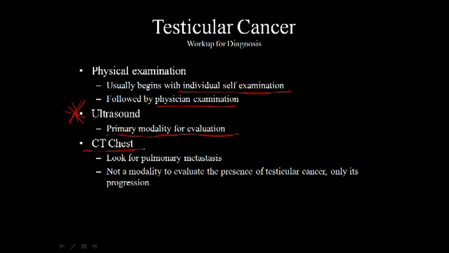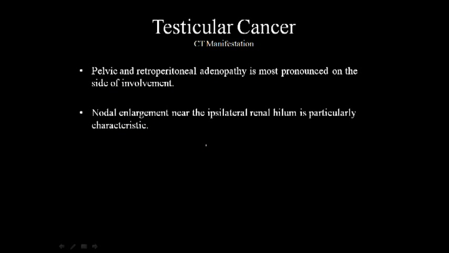CT can be done, but notice that it's usually the CT of the chest, to look for pulmonary metastasis due to testicular cancer. Testicular cancer usually runs to the chest first, so you really don't utilize CT for the evaluation of testicular cancer, but only as a monitoring process for the progression of the disease.